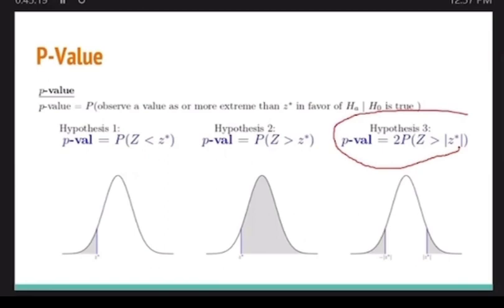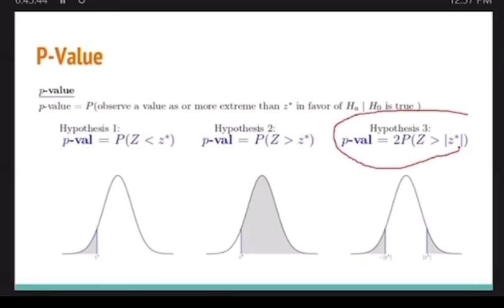So if you take a look at hypothesis 3, where your alternative hypothesis is not equal, you need to convert a negative test statistic value to positive by taking the absolute value, then go to the normal table, and subtract from 1. After subtracting from 1, then multiply by 2.